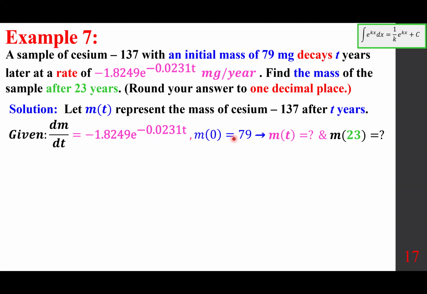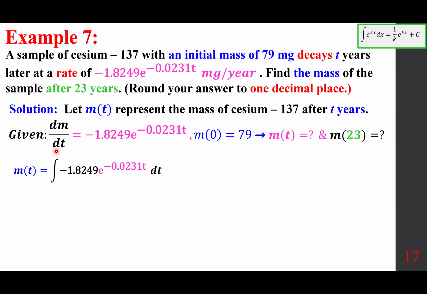So to do so, we want to integrate this, but we have to put the dt next to it. So m of t is the integral of this piece times dt. To integrate, we are going to divide. Remember, for e to the power of kx, when you differentiate, you multiply by k.